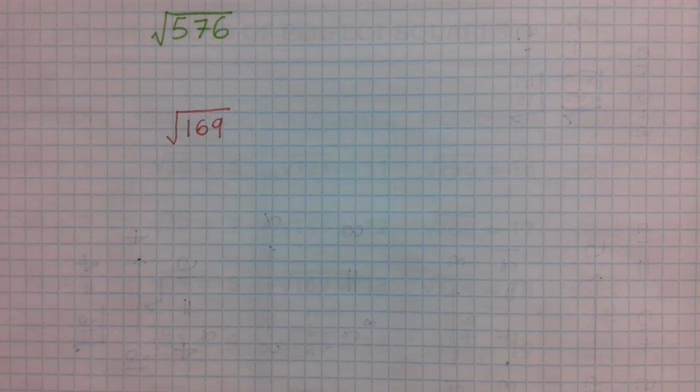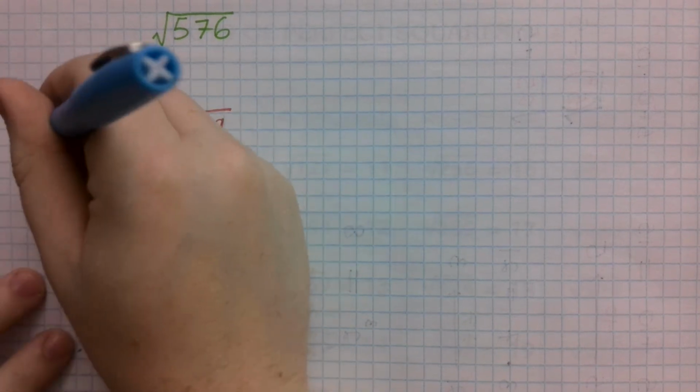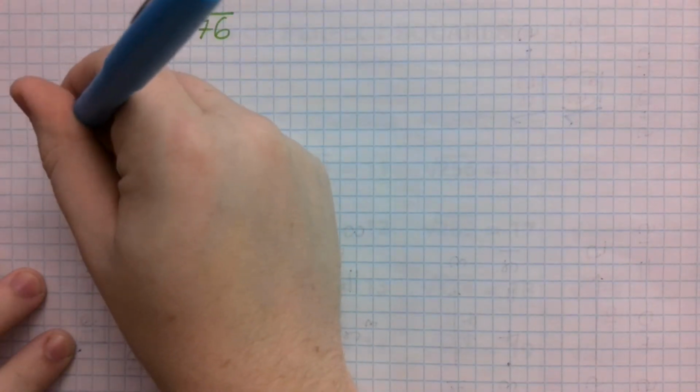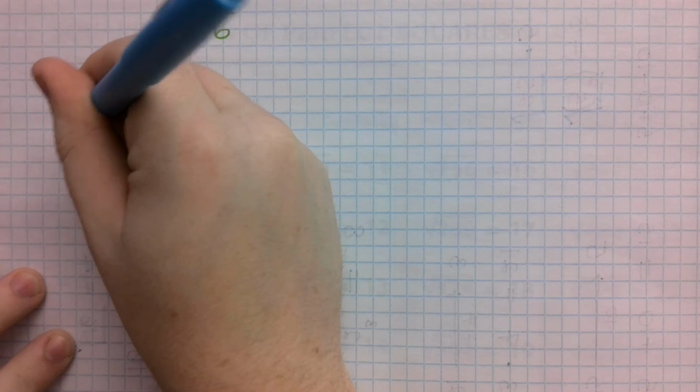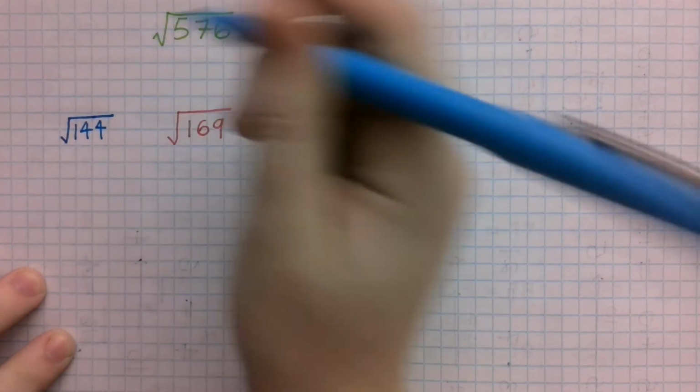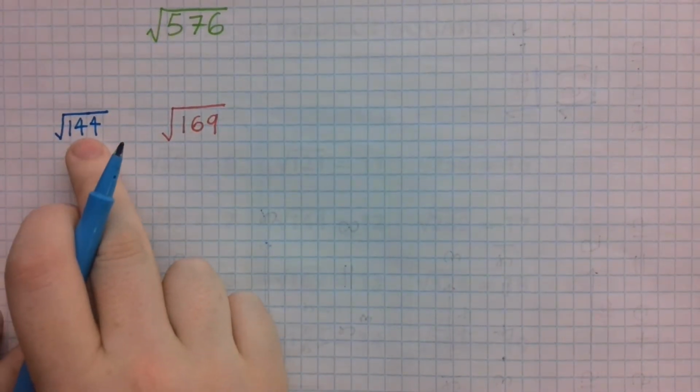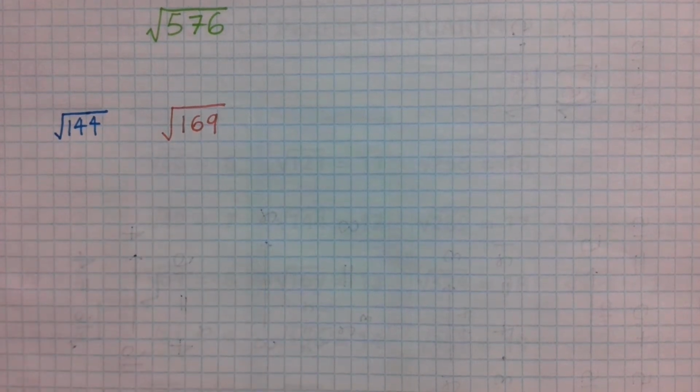That being said, do we know some square roots that are close to it? For instance, you may recall that the square root of 144 is 12. And, well, 144 is pretty close to 169, right?